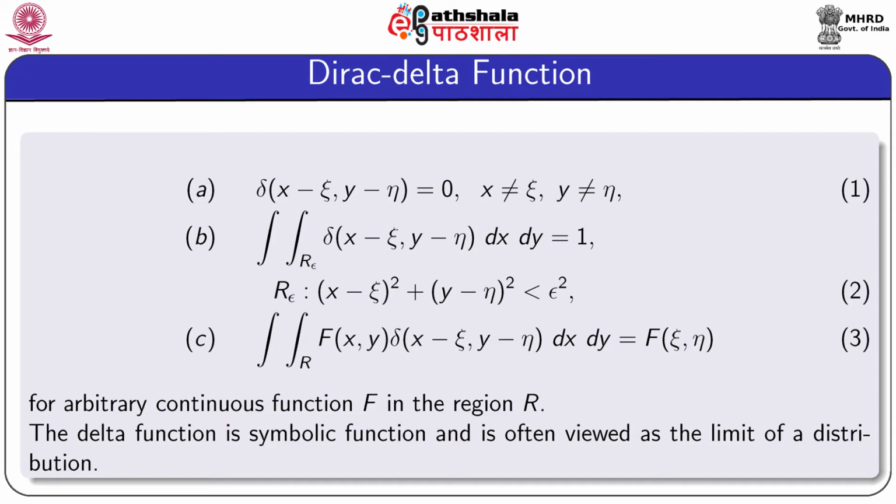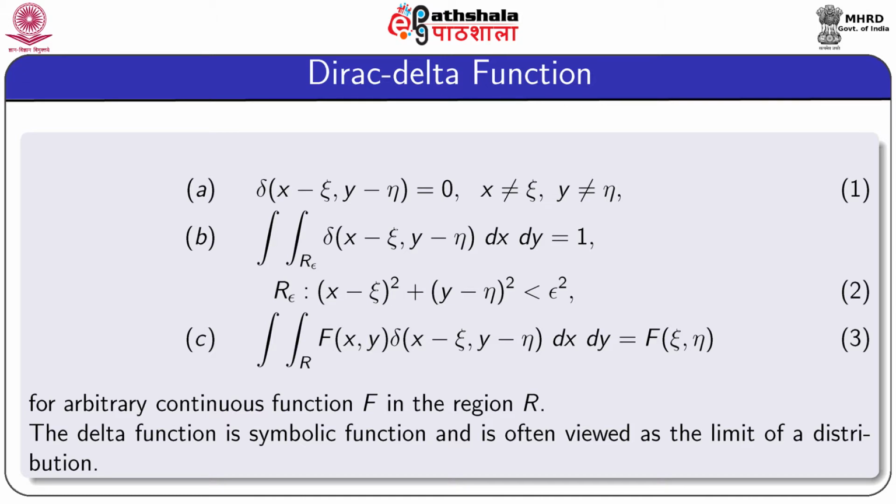Property number 2 says that the integration of delta over x and y in the region R epsilon, where R epsilon is the region (x minus xi) whole square plus (y minus eta) whole square less than epsilon square, is equal to 1.